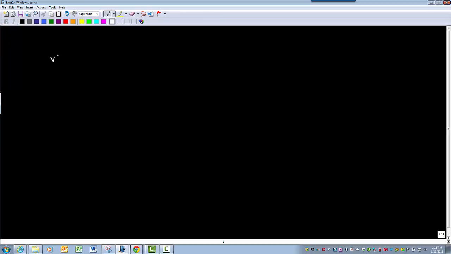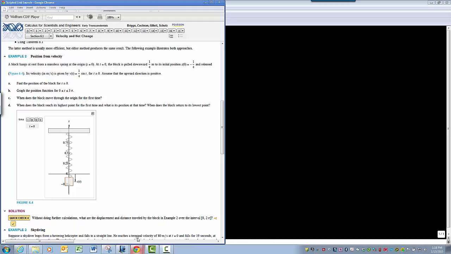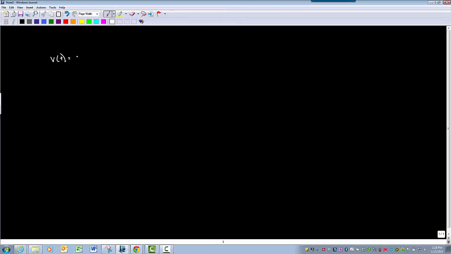Okay, so what we have is the following. The velocity of the block is going to be equal to this function right here, 1/4 sine t, for t greater than or equal to 0. This is the velocity function.